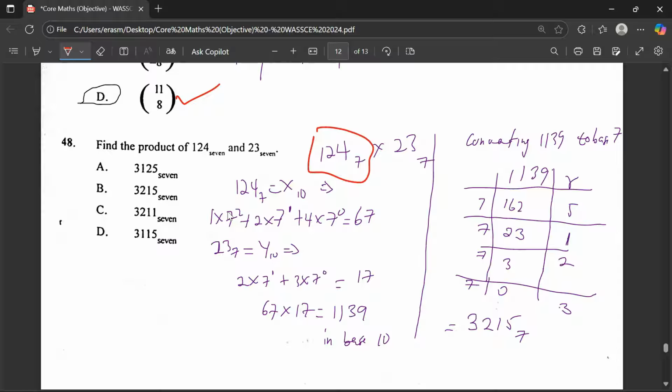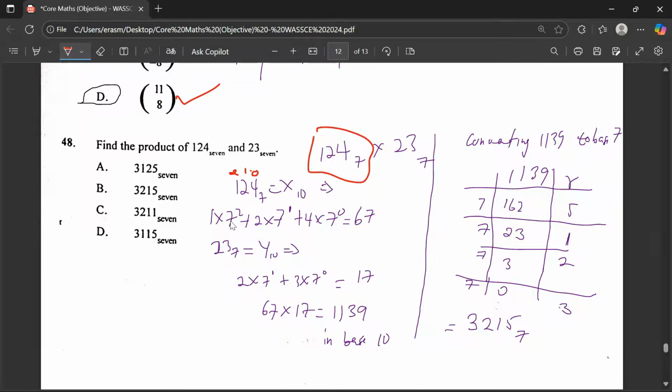So that is going to be 4 times 7 to the power of 0, then 2 times 7 to the power of 1, plus 1 times 7 to the power of 2. So this has a power of 0, 1, and then 2.